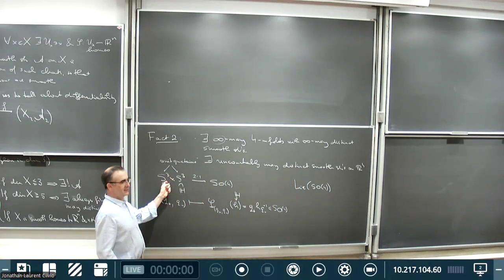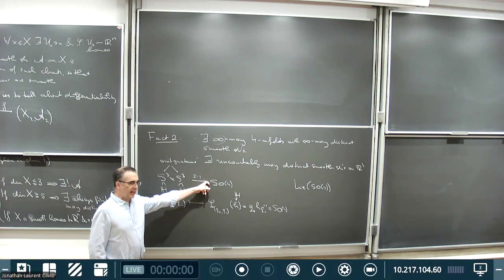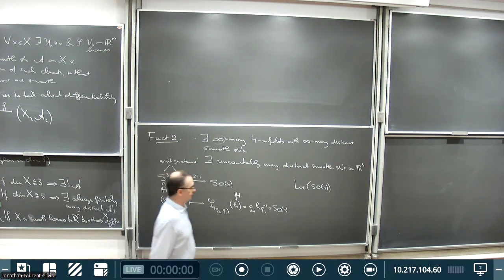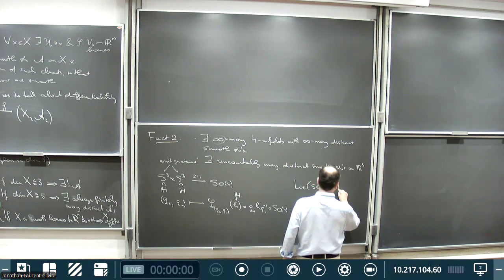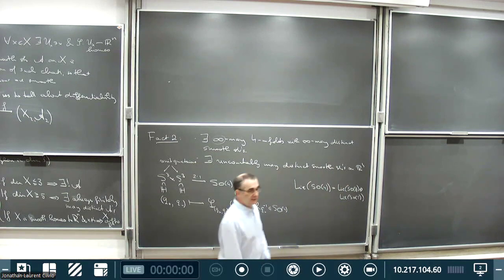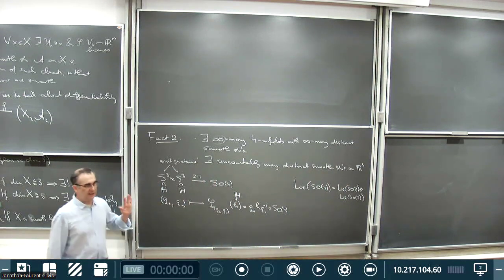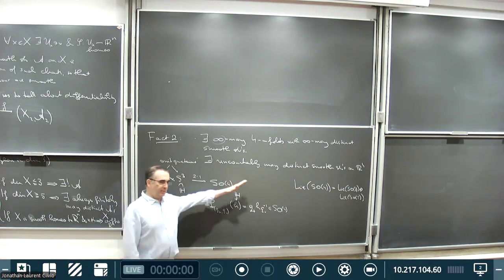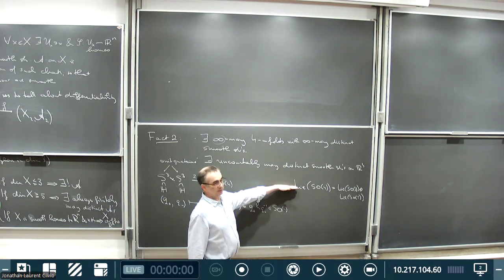The group is not the direct product per se, but the universal cover is, and the Lie algebra only sees the universal cover. So this will be a sum of the Lie algebras of two copies of SO3. This is the only dimension where this happens. The Lie algebra of SON is usually simple, but it does split in this particular dimension.